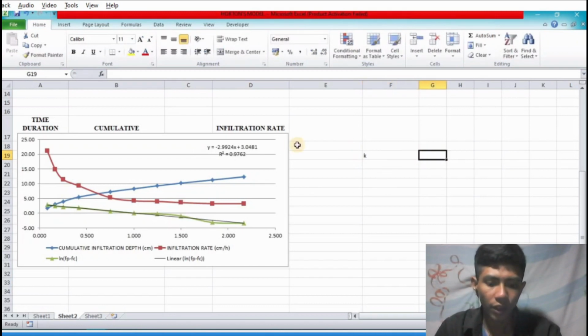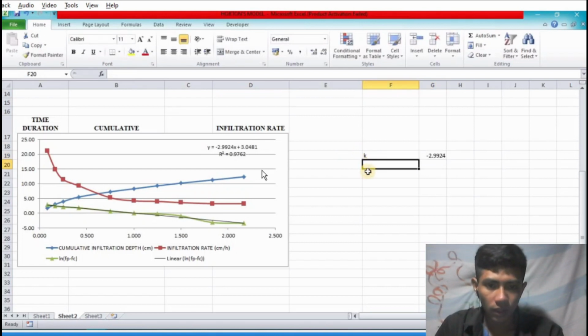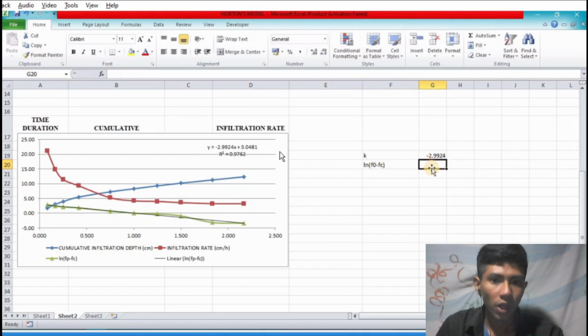The K, or the Horton's parameter, is equal to the slope. The ln of f0 minus fc is equal to the y-intercept, 3.0481.